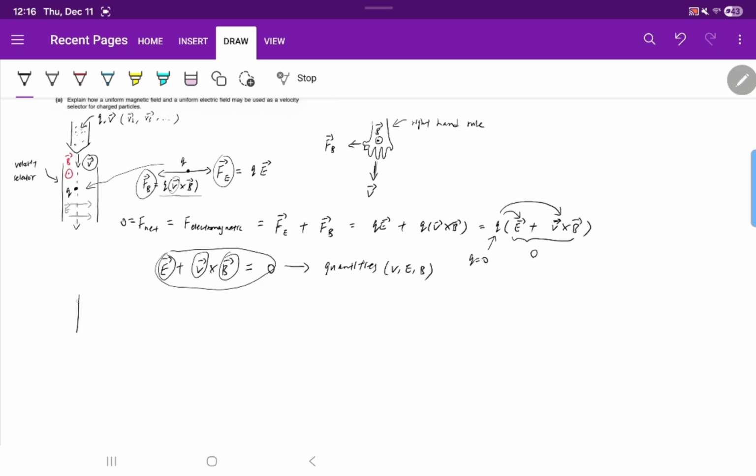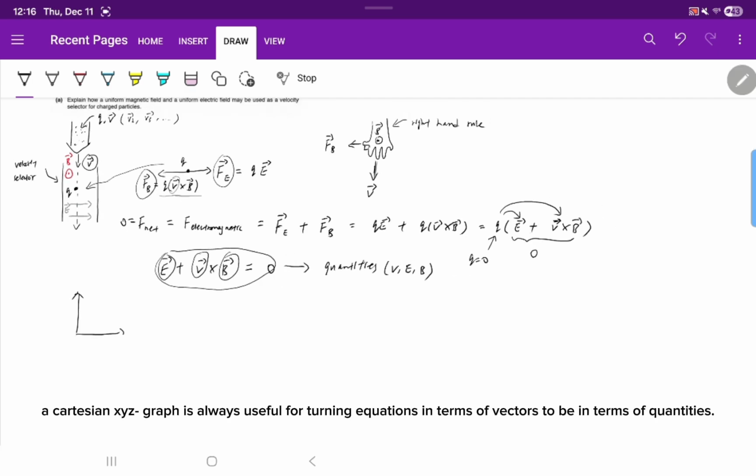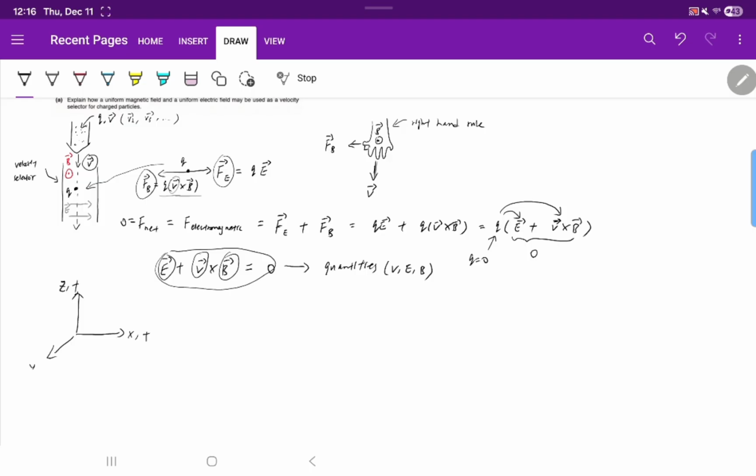Let's draw a Cartesian graph. Let's label this direction as the positive x direction and this direction as the positive z direction, and this is the positive y direction, right?